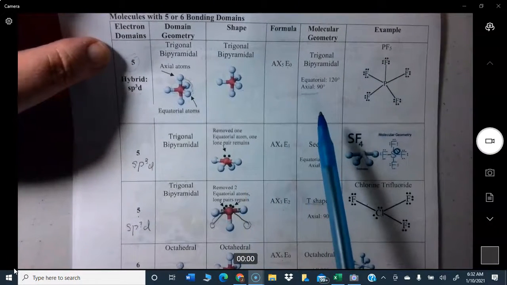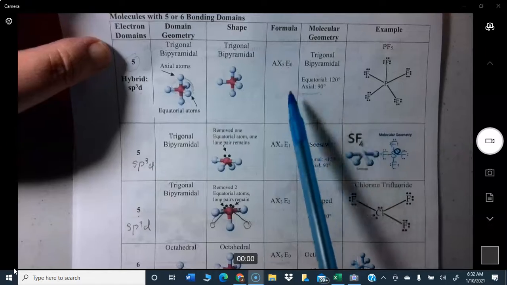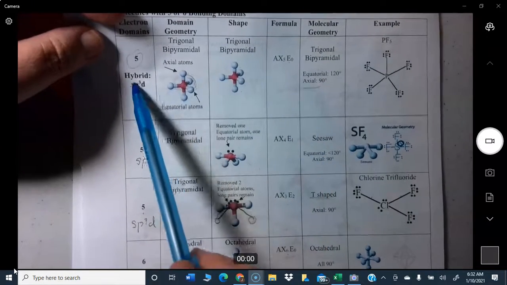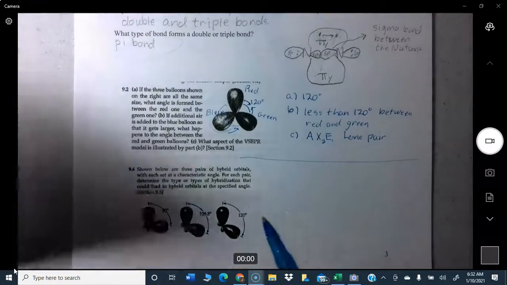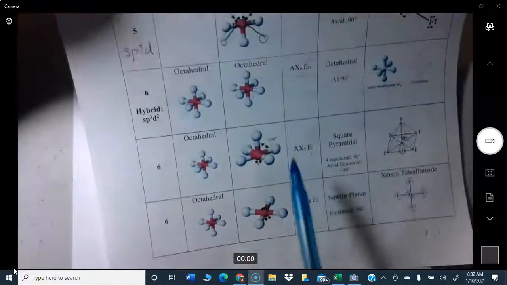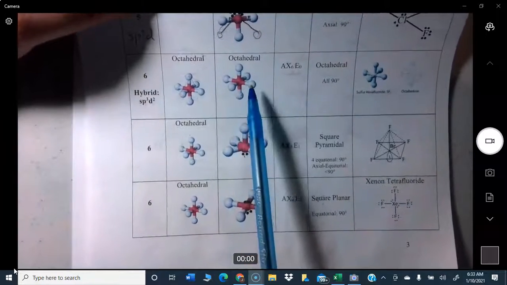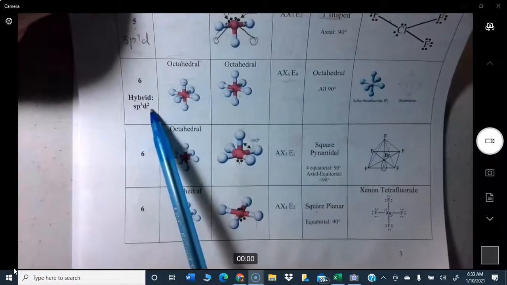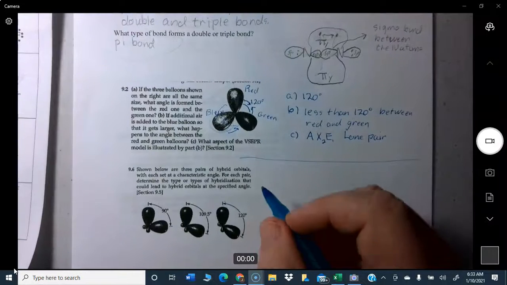You could find them here. The hybridization would be sp3d, because they're only showing two of the balloons. You don't know how many others there are. Or the other possible one is down here. These are all 90 degrees, and that's sp3d2. So you can say either one of those.